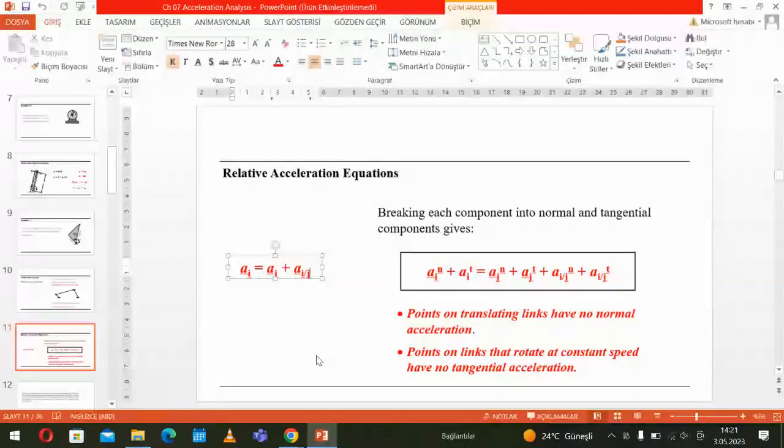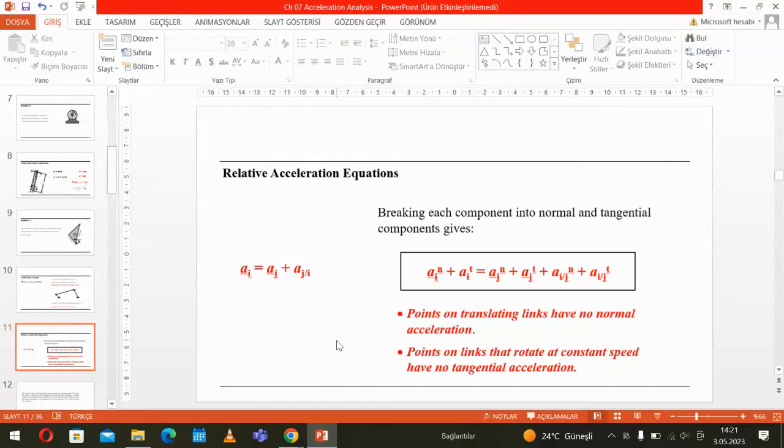This is the correct one: I is equal to G plus G relative to I.